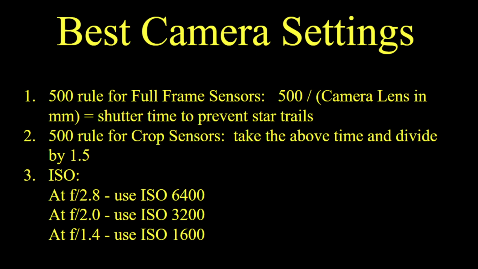But if you have a crop sensor, Nikon is a 1.5. You have to factor it in. Take that number that you came up with, so 20 seconds on a 24 millimeter, and then you have to divide that by 1.5. So that is going to shorten the time by a third on how long you can keep that open.